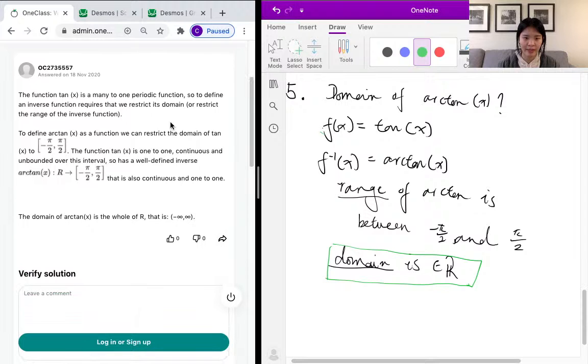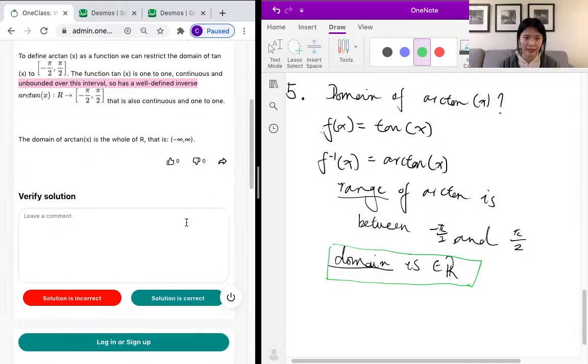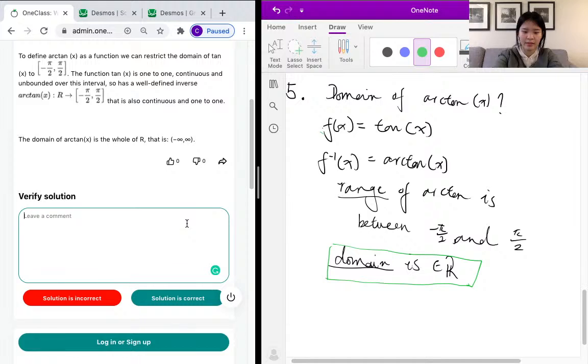Let's look at a sample solution here. They talked about the inverse and one-to-one, the domain of the tangent function and the range of the arctangent function. So let's say the solution is correct. Adding a graph would illustrate the concept better.